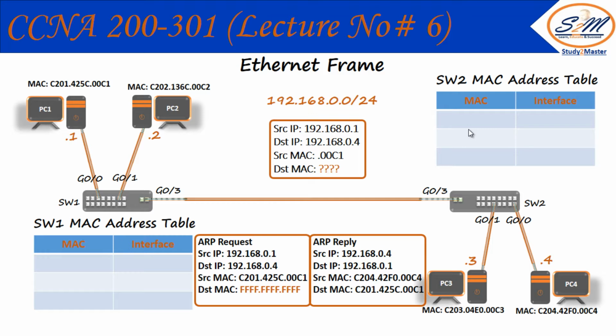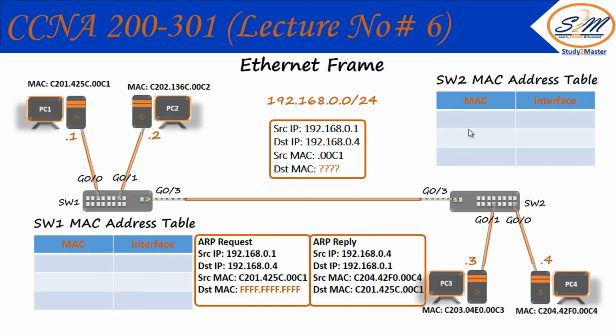Now switch 2 received the broadcast on Gig 0/3. Switch 2 broadcasts the received frame, the layer 2 address, to all its interfaces except the interface on which it was received. Now switch 2 sends the broadcast on Gig 0/1 and on Gig 0/0.